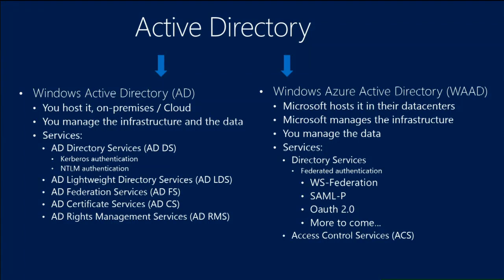So WS-Federation, OAuth, SAML-P, etc., and expect that list to get longer and longer. And then there's another component at the moment, which is the access control service. What the access control service does for us is it allows us to broker identity from different identity sources. Right? As I say, those are the two components currently today, but expect to see more in the future.